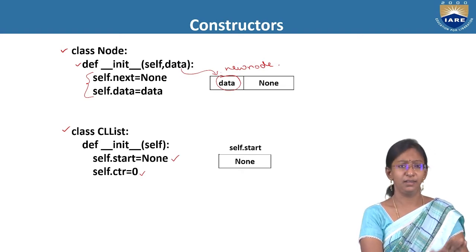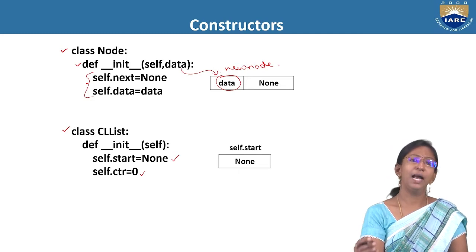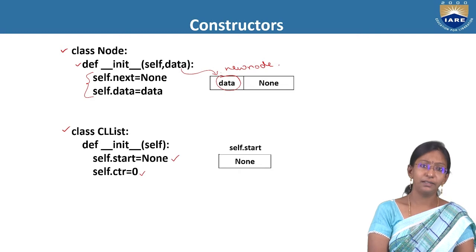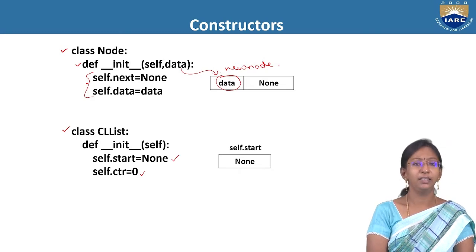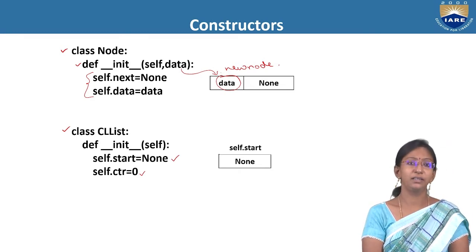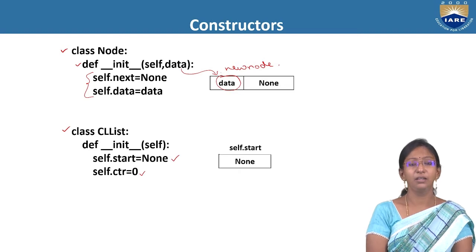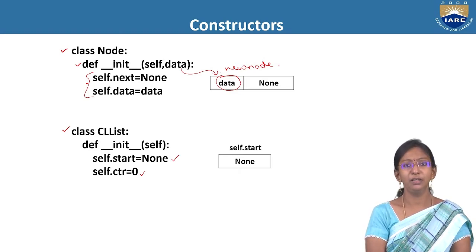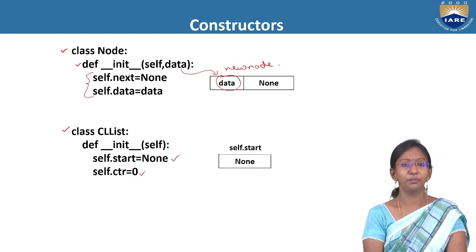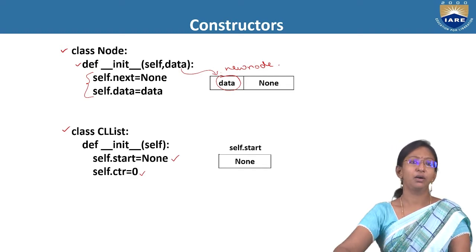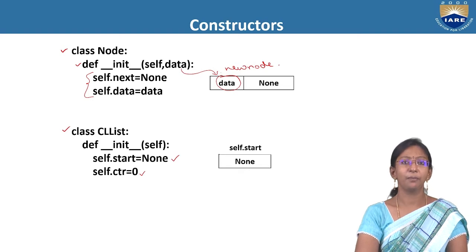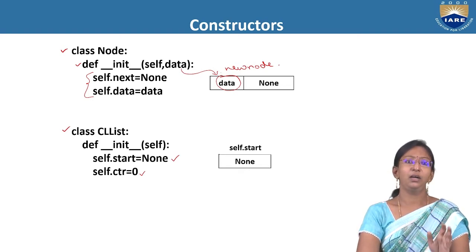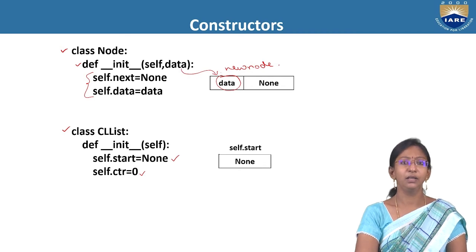At any snapshot of time, if you want to know the number of data values present in your list, then by just retrieving the content of the counter variable ctr, you can get the number of nodes in the list. For that purpose, I am maintaining the count in the variable ctr. This is the basic structure of our circular linked list. Okay, right.